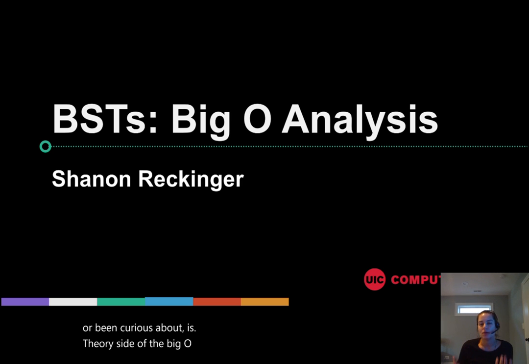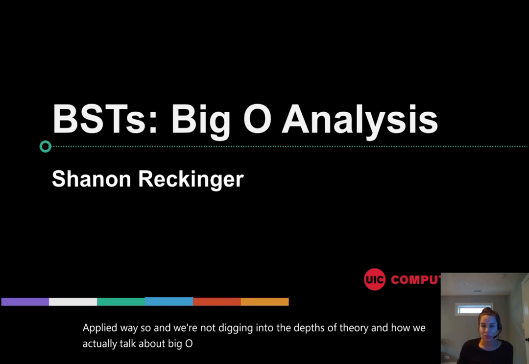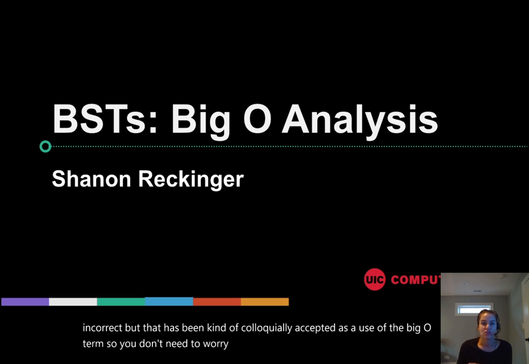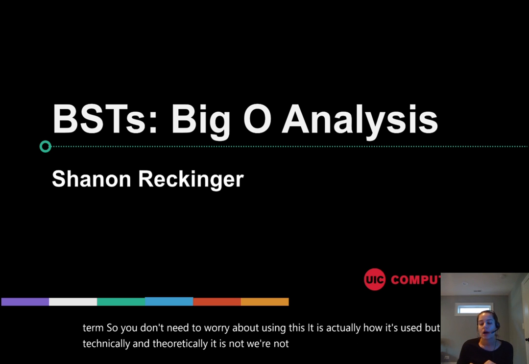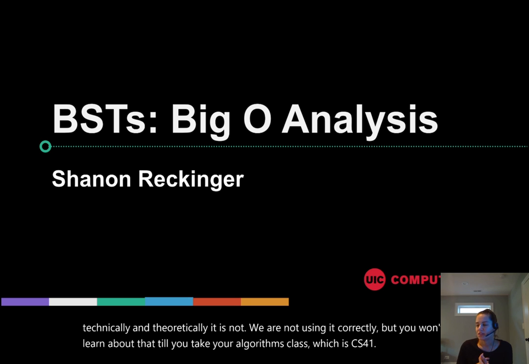We're talking about big O in a very applied way, and we're not digging into the depths of theory and how we actually talk about big O. We're also using a term that is technically incorrect, but has been colloquially accepted as a use of the big O term. So you don't need to worry about using this. It is actually how it's used, but technically and theoretically it is not. We are not using it correctly. But you won't learn about that till you take your algorithms class, which is CS401, I think, is the number.